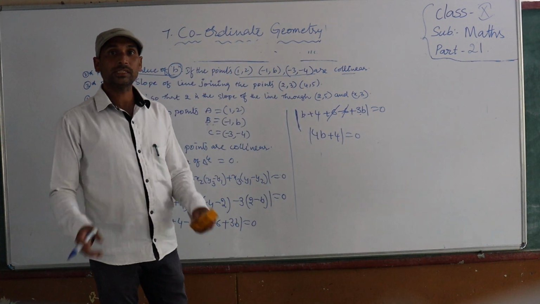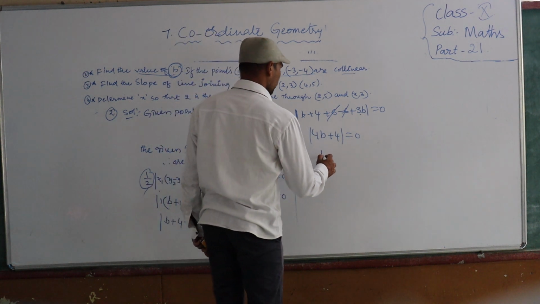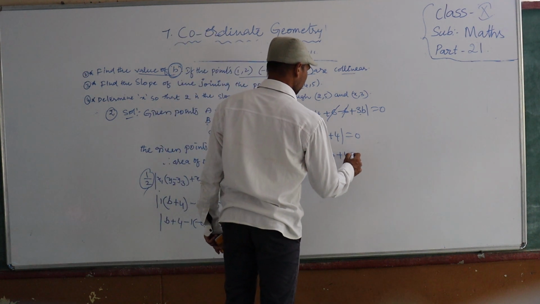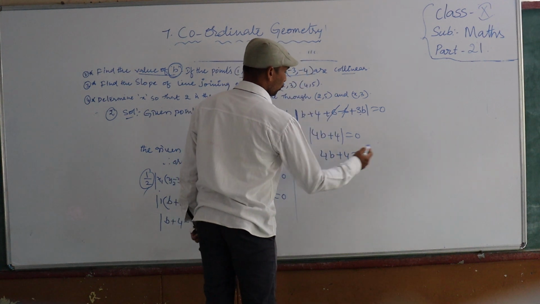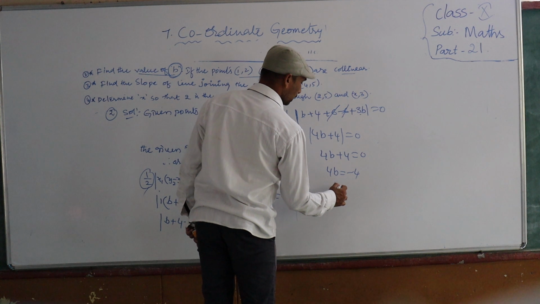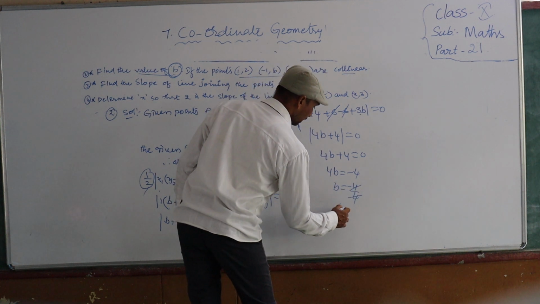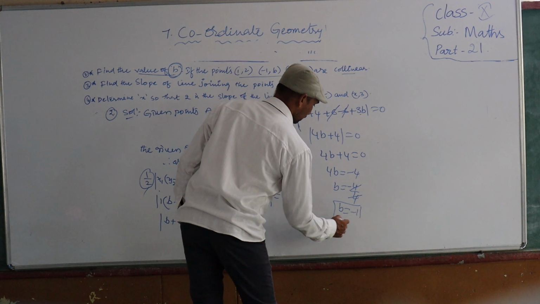Now remove the mod, don't write it. So take 4b plus 4 is equal to 0. This 4 you transpose, 4b is equal to minus 4, b is equal to minus 4 by 4, 4 cancel, b is equal to minus 1.